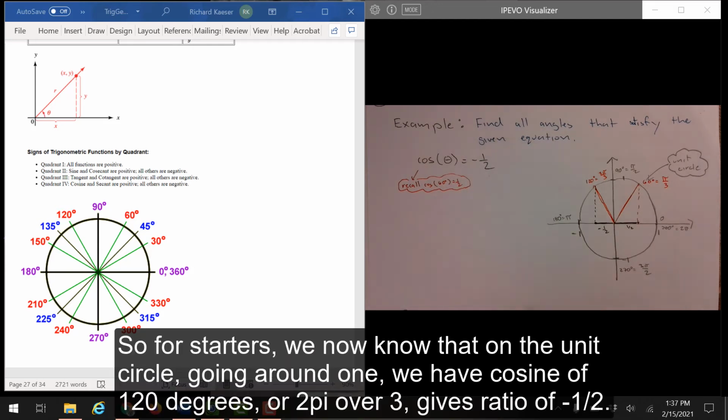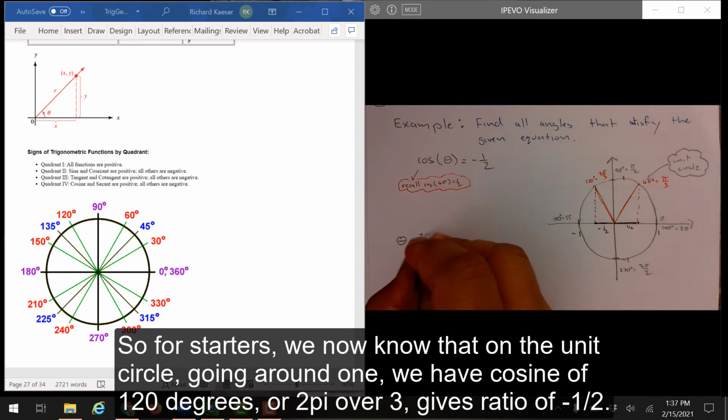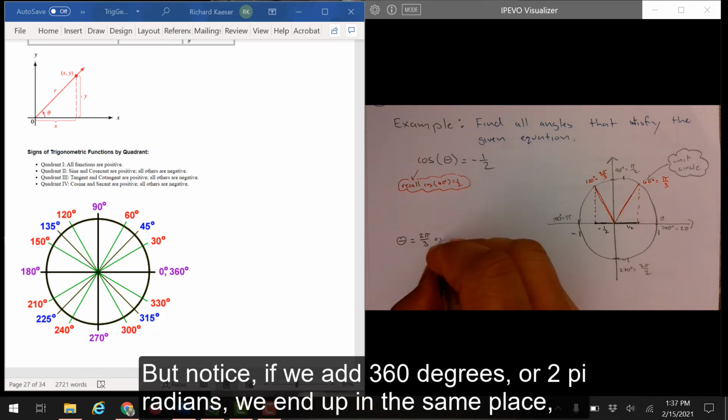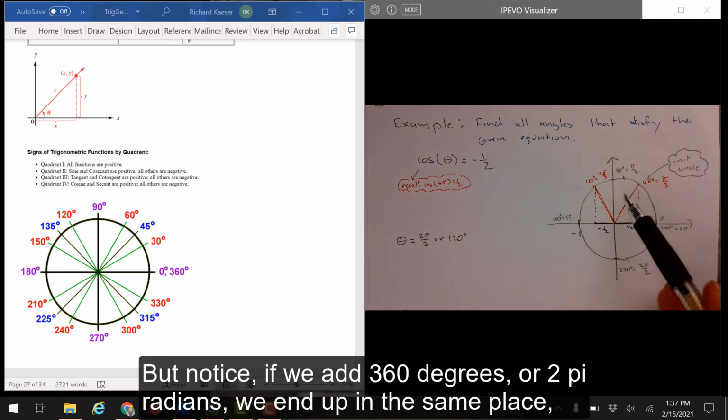So for starters, we now know that on the unit circle going around once, we have cosine of 120 degrees, or 2 pi over 3 radians, gives negative 1/2. But notice, if we add 360 degrees, or 2 pi radians, we end up in the same place.